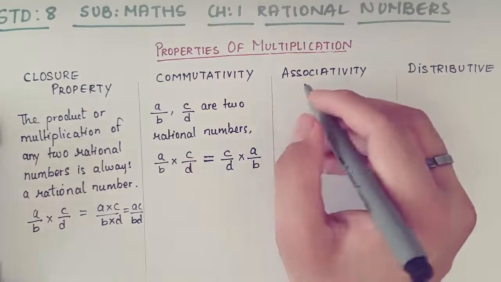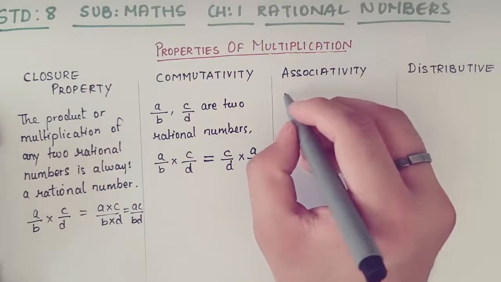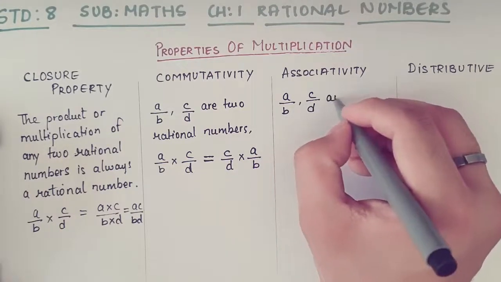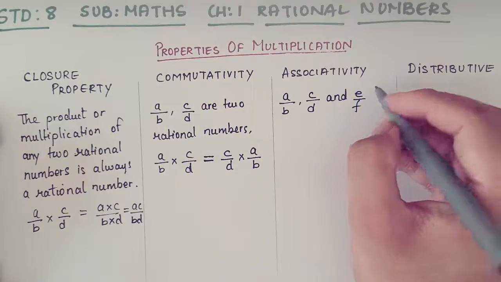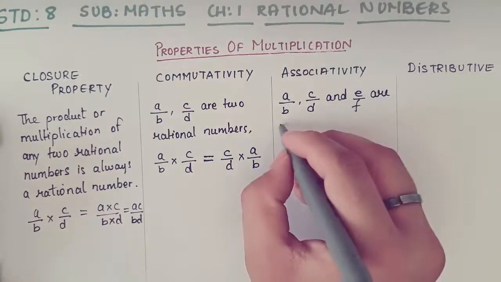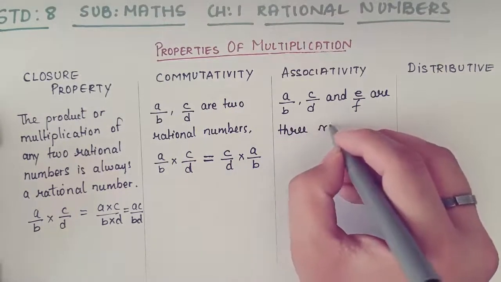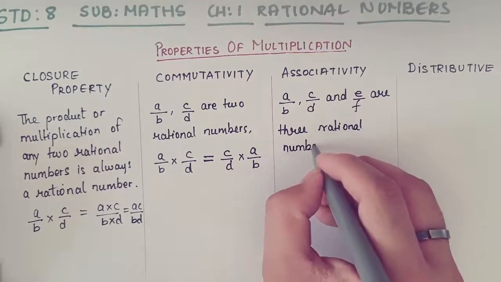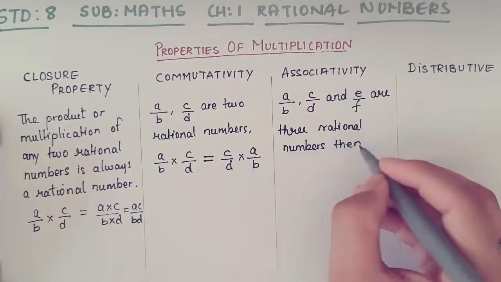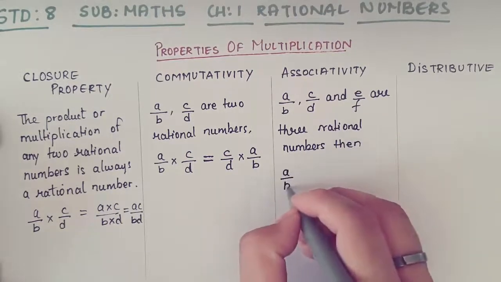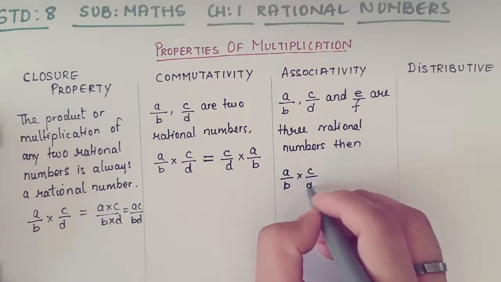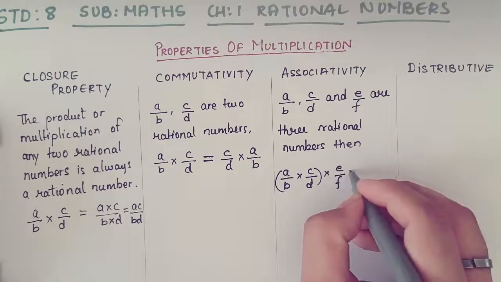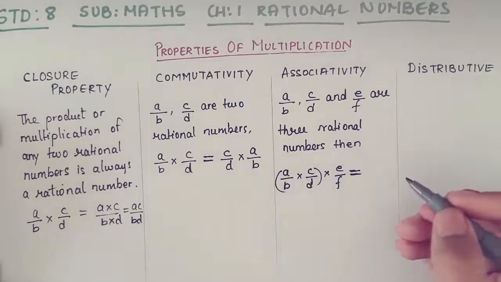Okay, let's come to associativity. a upon b, c upon d and e upon f are three rational numbers, then a upon b multiplied by c upon d, the whole multiplied by e upon f, equals, okay, this is again going to remain the same.